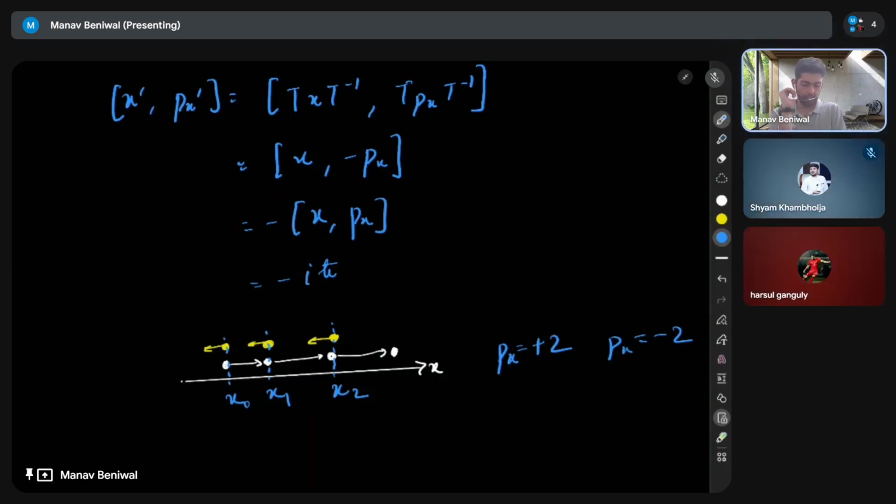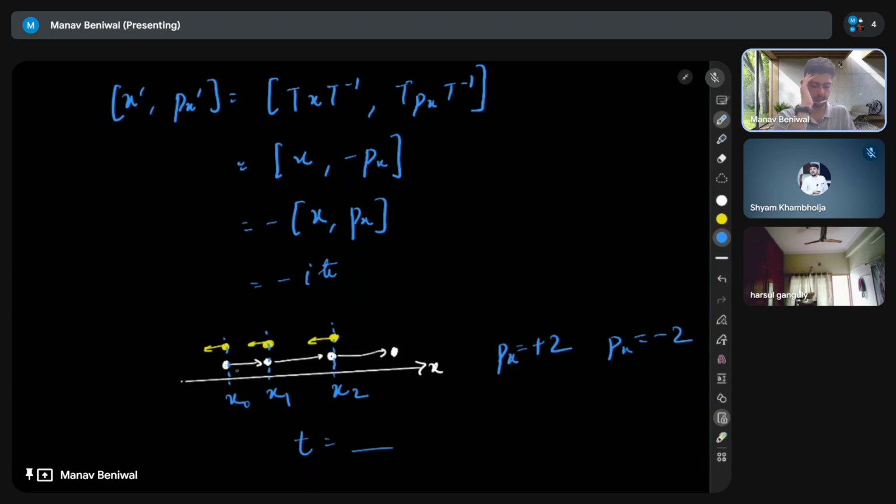Okay, so we are not looking at it as being at time t equal to something. That's not the correct way to look at the problem.